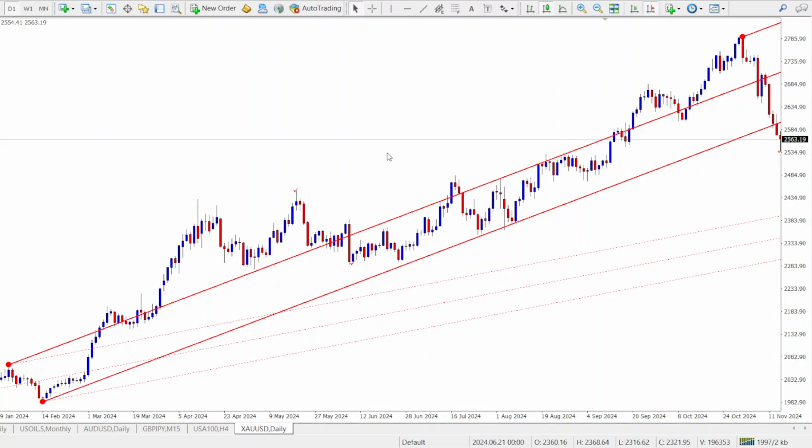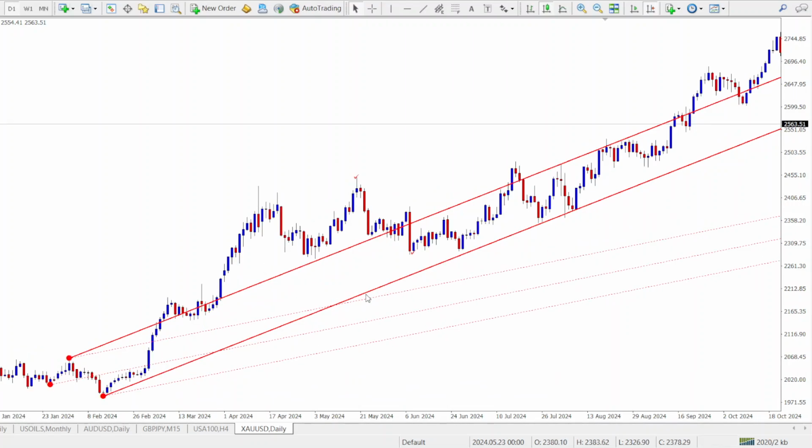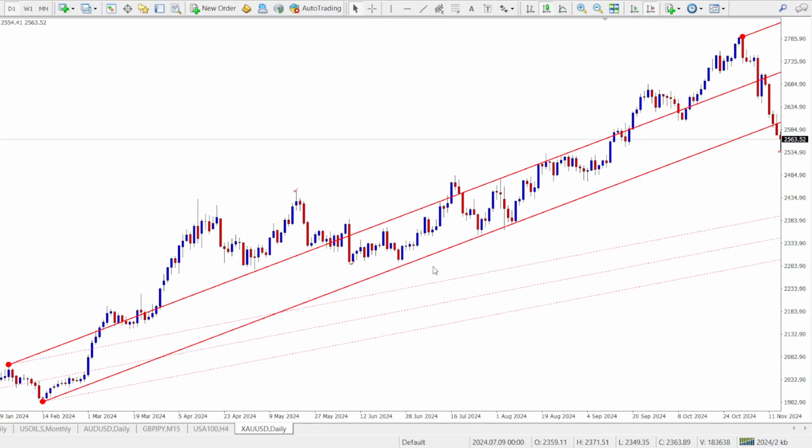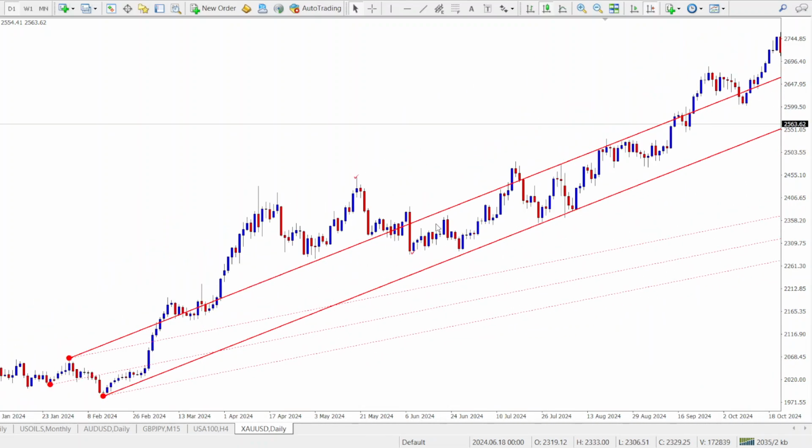But let us go into how to use this indicator to trade. All right, now when the indicator has plotted the channel automatically, identified potential reversal points, with the use of trend lines, then it is advisable that you trade in the direction of the trend.